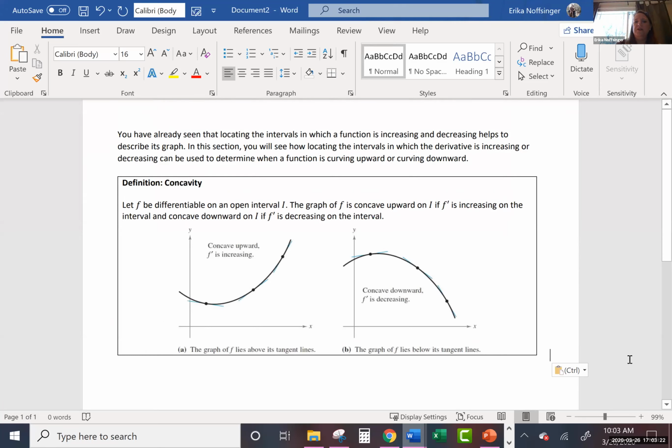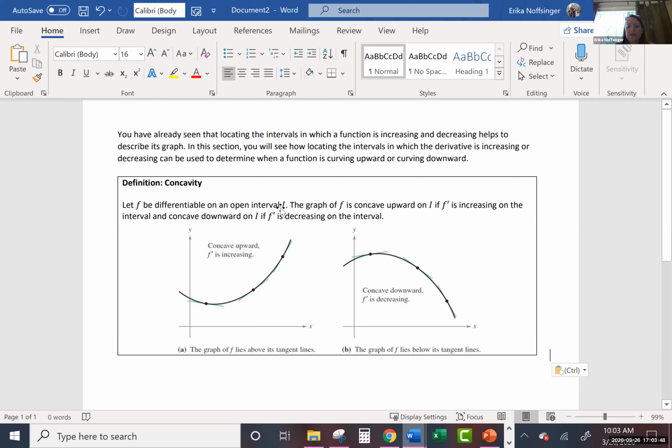Okay, so let me just kind of read through what that top says. So we've already seen about locating intervals in which functions are increasing and decreasing, and that helps us describe the graph. In this section, we'll look at locating the intervals in which the derivative is increasing or decreasing, which can be used to determine when a function is curving upward or curving downward.